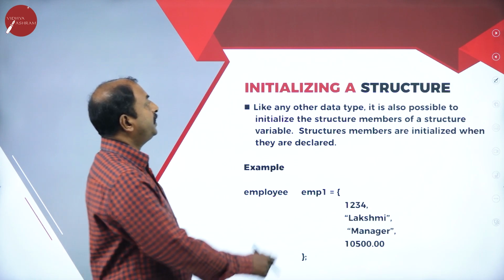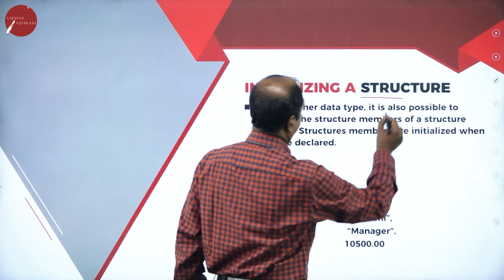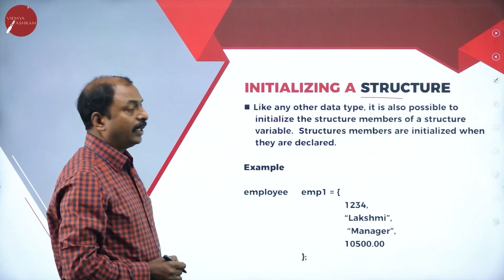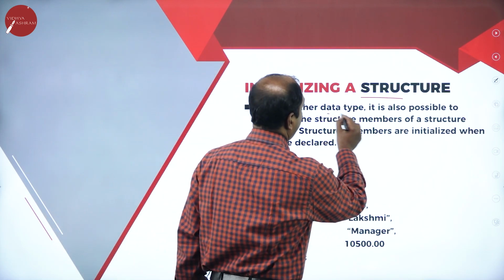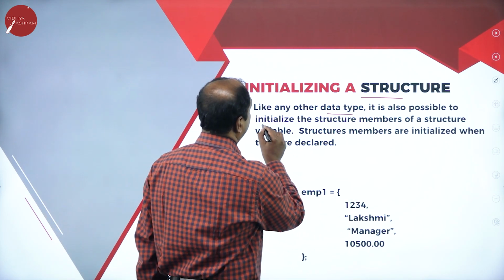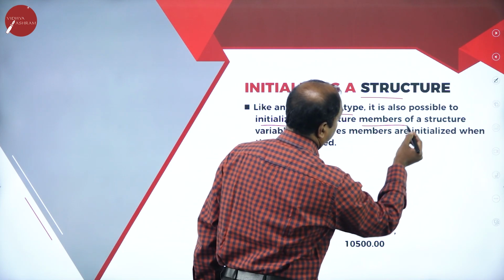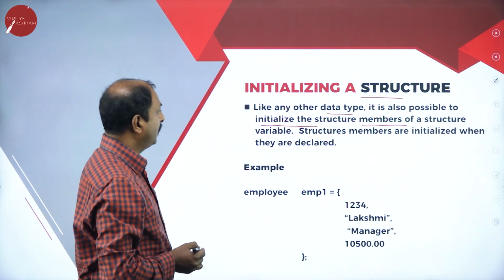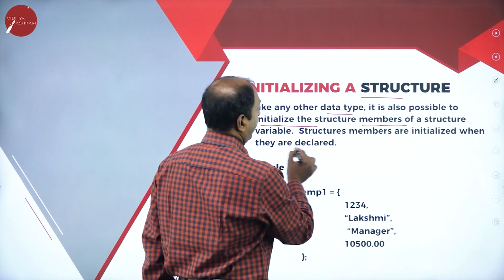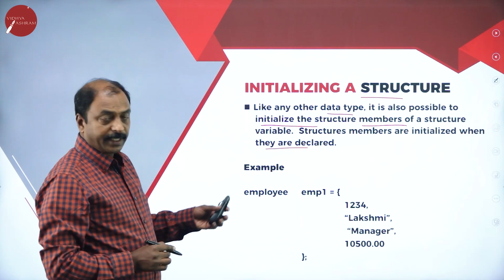Next one is initializing a structure or structure variables. Like any other data type, it is also possible to initialize the structure members or elements of a structure with different values. So here, look at the example now.